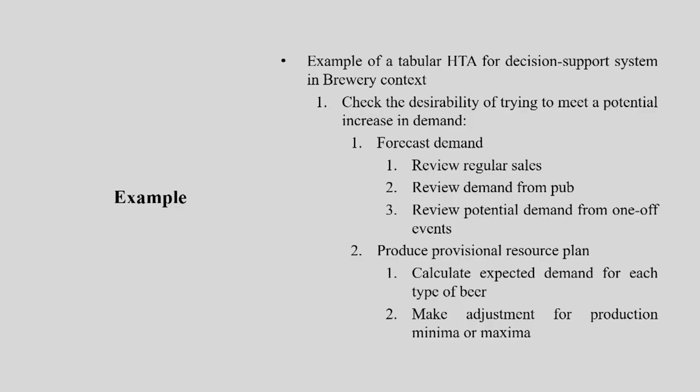So when we are talking about forecasting the demand, especially for this particular example, the brewery context, we will understand the regular sales, because throughout the year there is a pattern of sales. So first we need to understand what the minimum things possible are.